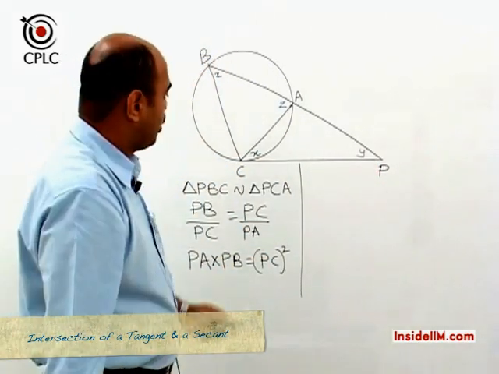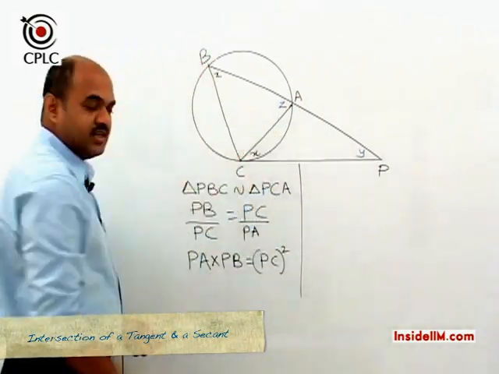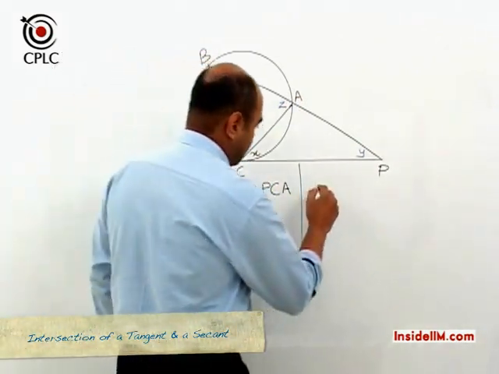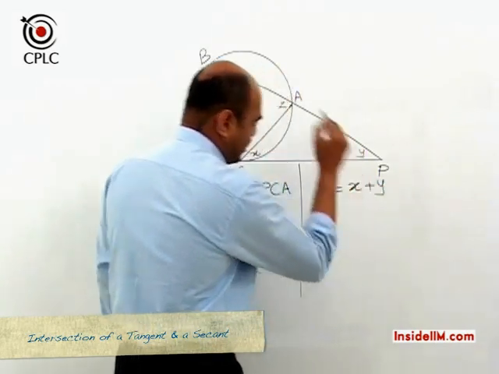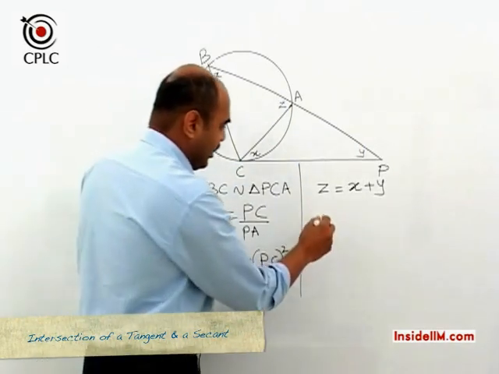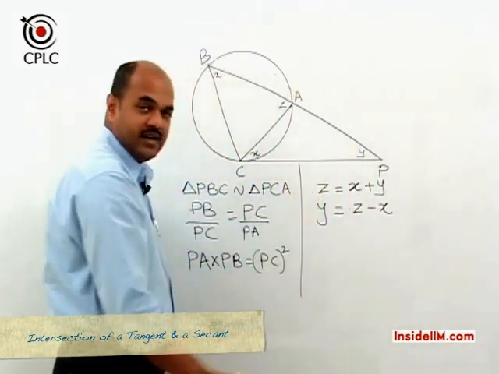So if we look at triangle ACP, this Z is the exterior angle, which would make it very clear that Z is equal to x plus y, and we can say y is therefore Z minus x.